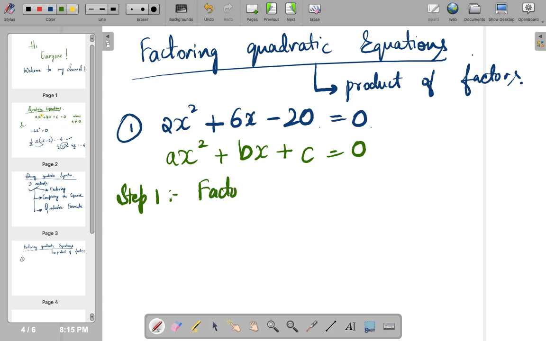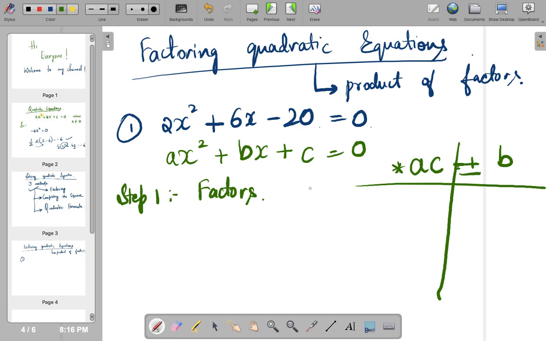Try to find the factors. So what are the factors? A and c. The product of a and c you need to get, and plus or minus you need to get b. So what is a times c? It is 2 times minus 20, correct? Which is minus 40.